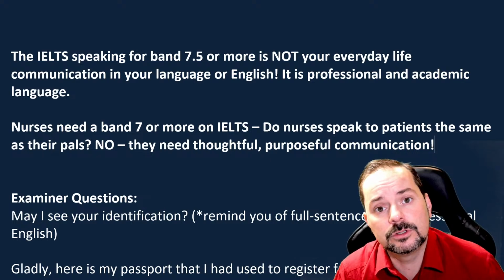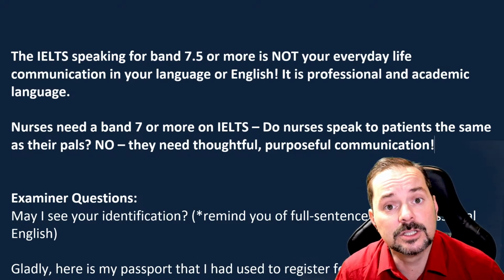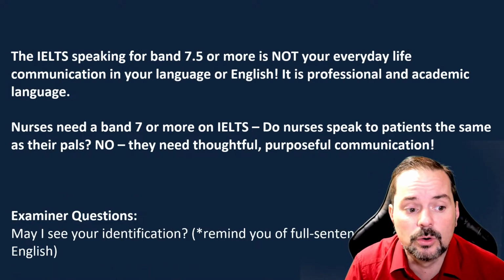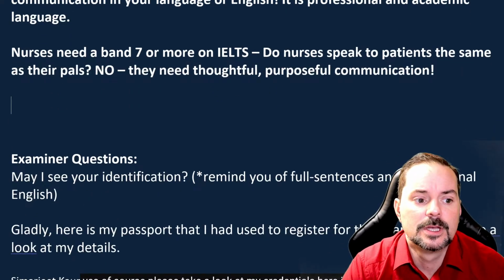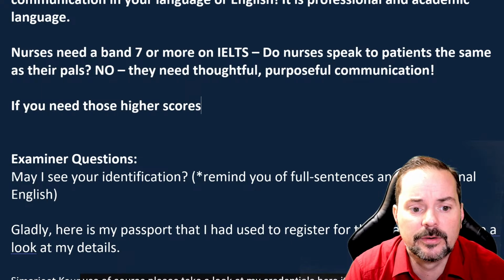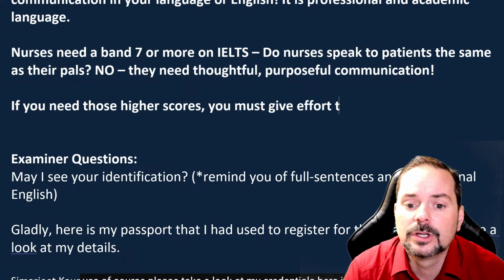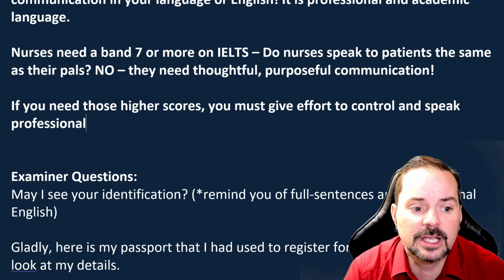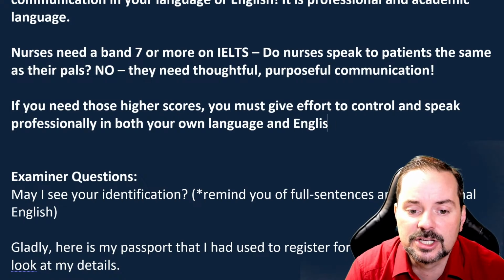So if you don't do that in your own language and you need to get a band 7, 8, 9, then you need to focus on professional communication in both English and your own language. Does that make sense, everybody? Okay, so if you need those higher scores, and why not, right? You must give effort to control and speak professionally in both your own language and English.